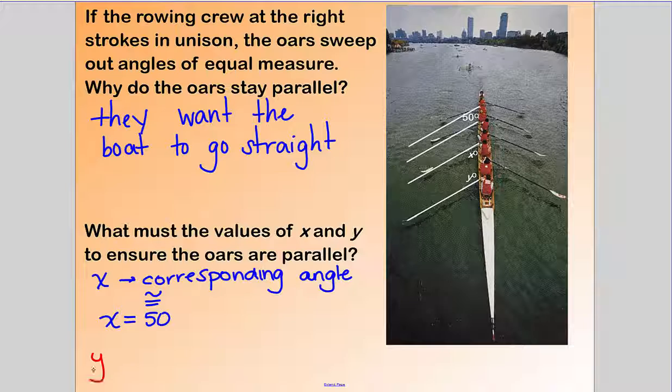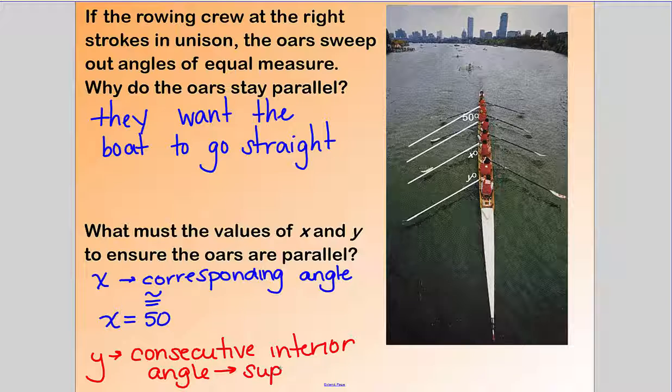Y, on the other hand, is a consecutive interior angle, and it must be supplementary. So 50 plus y is equal to 180. So y is equal to 130. So we found our values of x and y.